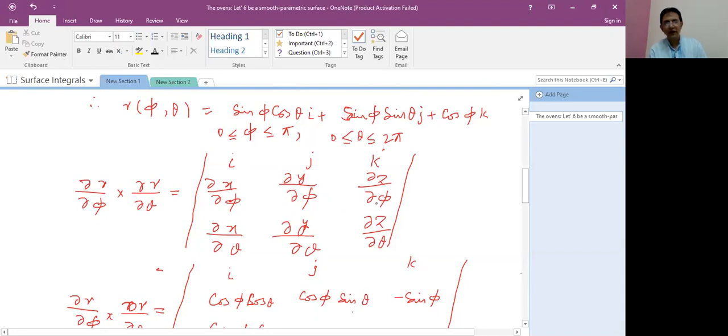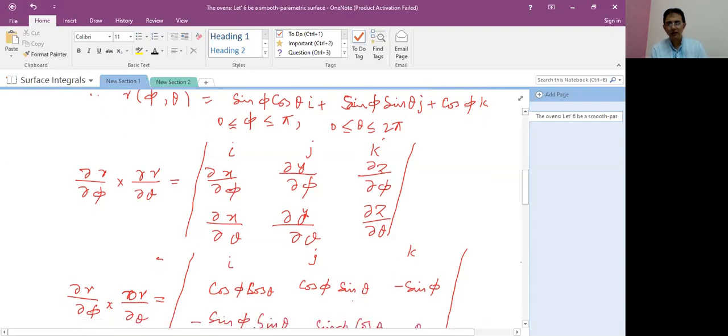For ∂y/∂phi, the derivative of sin phi is cos phi, and sin theta stays as it is. For ∂z/∂phi, the derivative of cos phi is minus sin phi. Next, for ∂x/∂theta, with sin phi kept fixed, the derivative of cos theta is minus sin theta. For ∂y/∂theta, the derivative of sin theta is cos theta, with sin phi kept fixed. And for ∂z/∂theta, there is no theta in z, so the derivative is 0 in the last element.